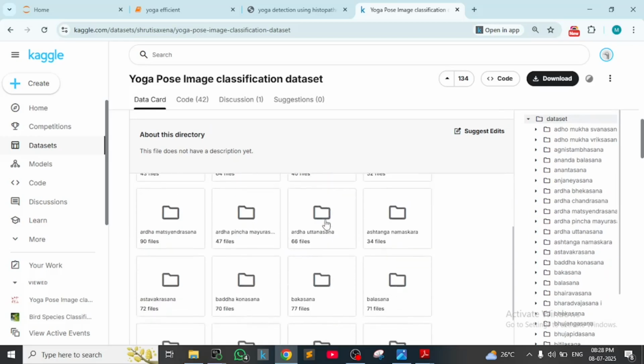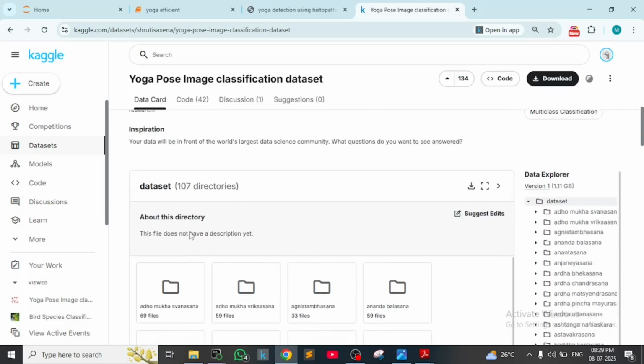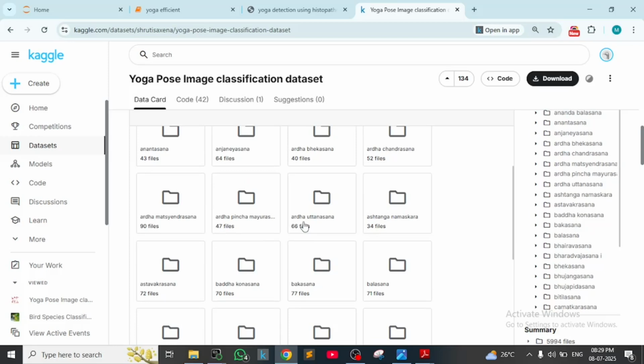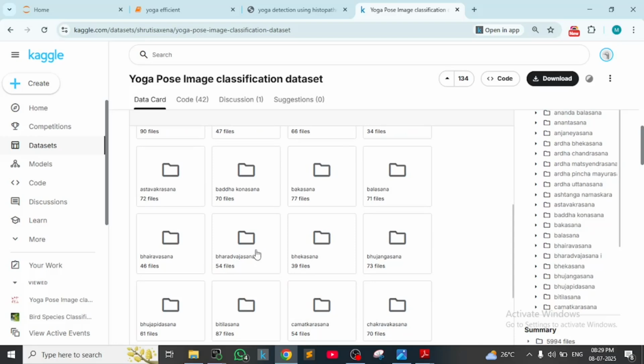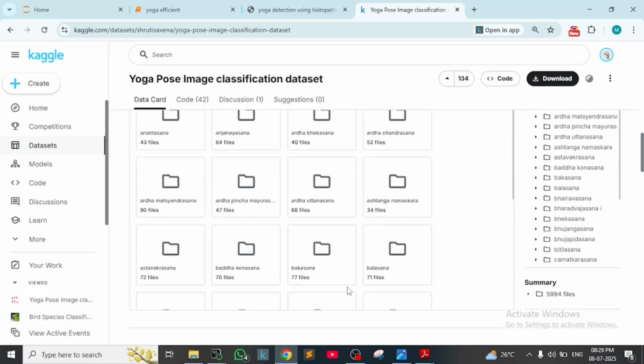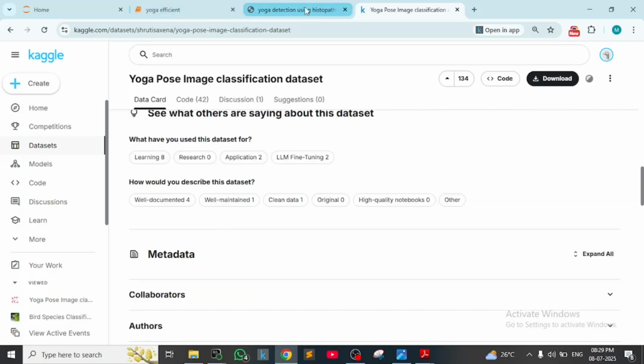This file contains many folders, and they have different classes and yoga pose names like Adho Mukha Svanasana, Adho Mukha Vrksasana, Agnistambhasana, Ananda Balasana, Ardha Uttanasana, Bhairavasana, Bakasana, Bhujangasana, like this. So many classes are there, and we use this dataset and build a model.